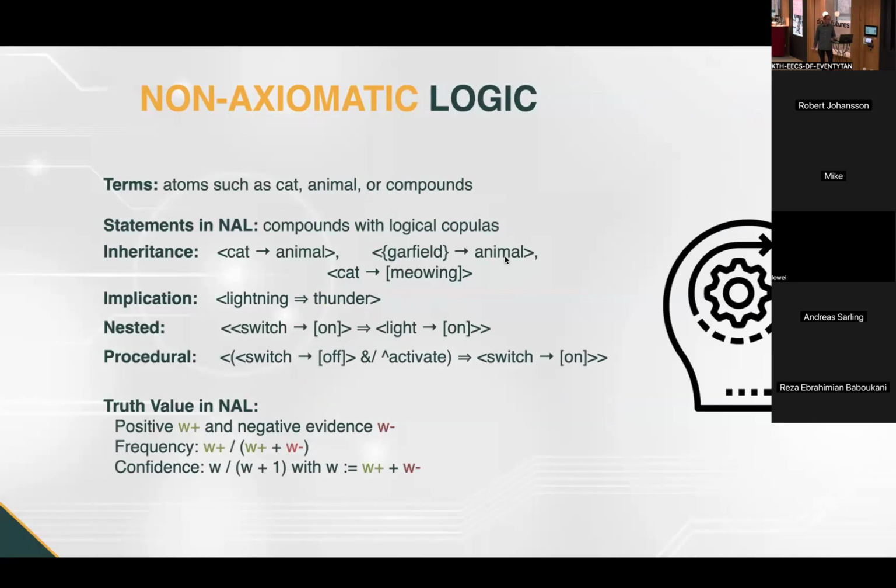It uses something called non-axiomatic logic, and this provides the knowledge representation formats, like how different kinds of knowledge are represented within the system. For instance, inheritance statements: learning that cats are animals, or that Garfield is a specific kind of cat, and that Garfield is also an animal. So it can express this kind of class hierarchy or taxonomy, but it can also represent causal relationships, which are really important if we want to build agents which actually carry out tasks in the environment to accomplish goals.